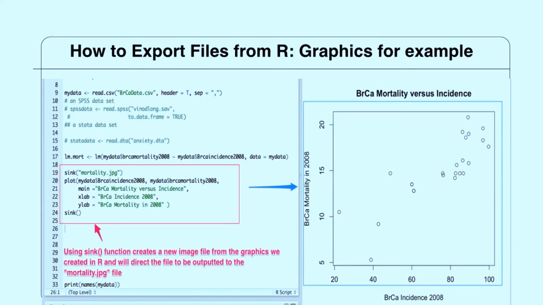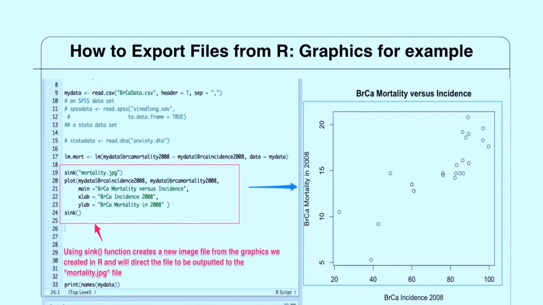The simplest and probably the quickest way to export data out of R is to use the function sink. You start with the command sink, and then within parentheses write the name of the file that you want to put the data in.